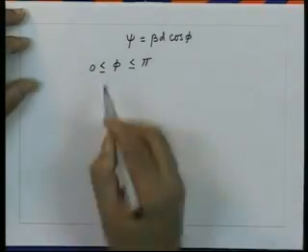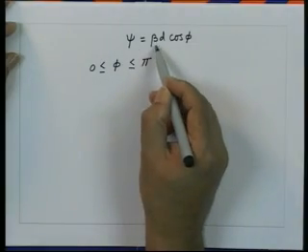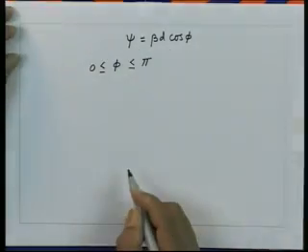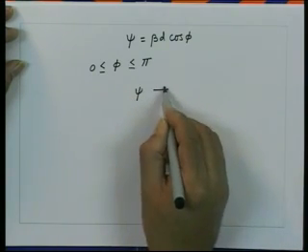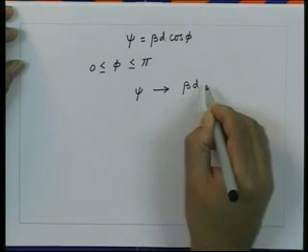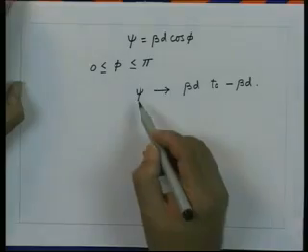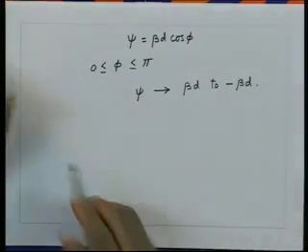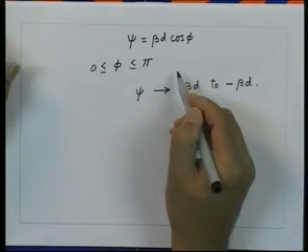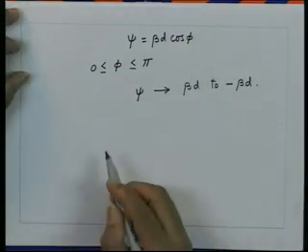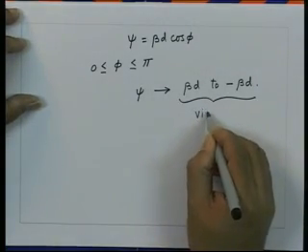That means as phi changes from 0 to pi, the value of psi would change from beta d to minus beta d. This is the range of psi, which we call the visible range of psi, because that corresponds to the visible, physical angle in the radiation pattern, which is phi, which goes from 0 to pi. So, this range from beta d to minus beta d is called the visible range of psi.